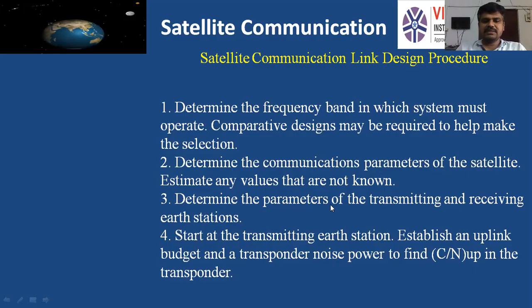Next, the third one is to determine the parameters of the transmitting and receiving earth stations. The fourth one is to start at the transmitting earth station, and establish an uplink budget and a transponder noise power to find C by N for the uplink.